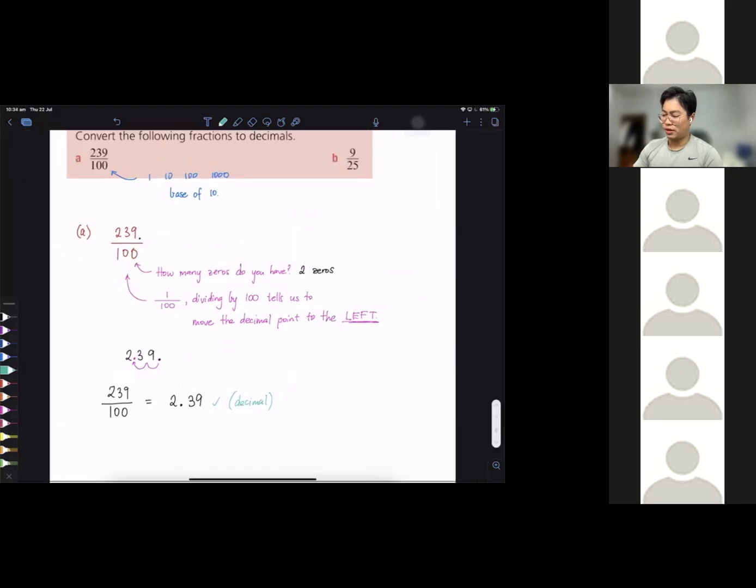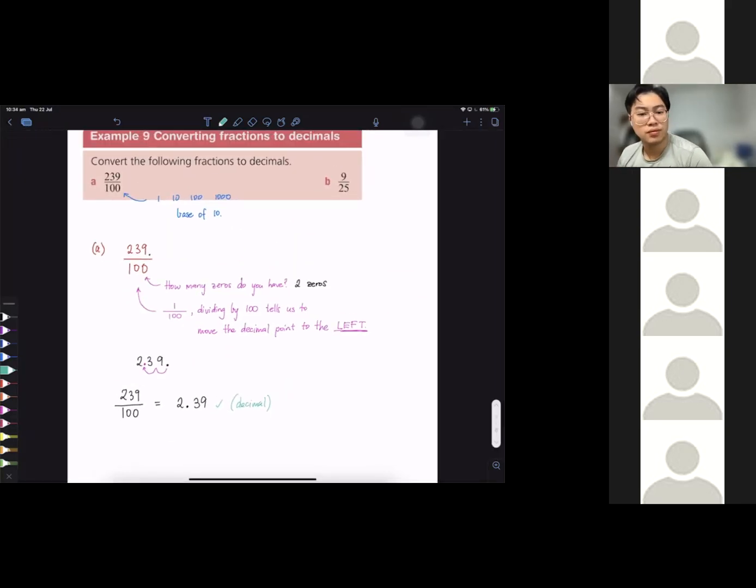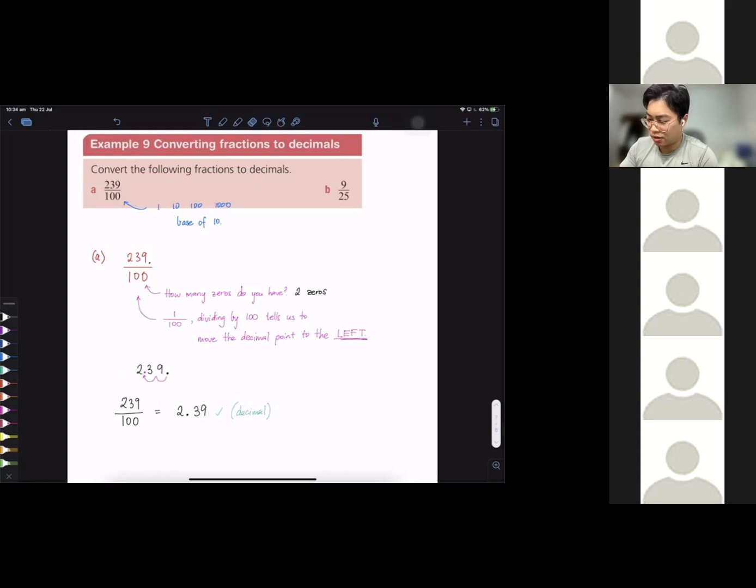It's in decimal form now. We move it twice because it's equivalent to 2 zeros. We have a look at the number of zeros on that bottom number, and then that tells us how many points we have to move it. So all we do is move the decimal point to the left by how many zeros there are, and is that your decimal? That's correct.